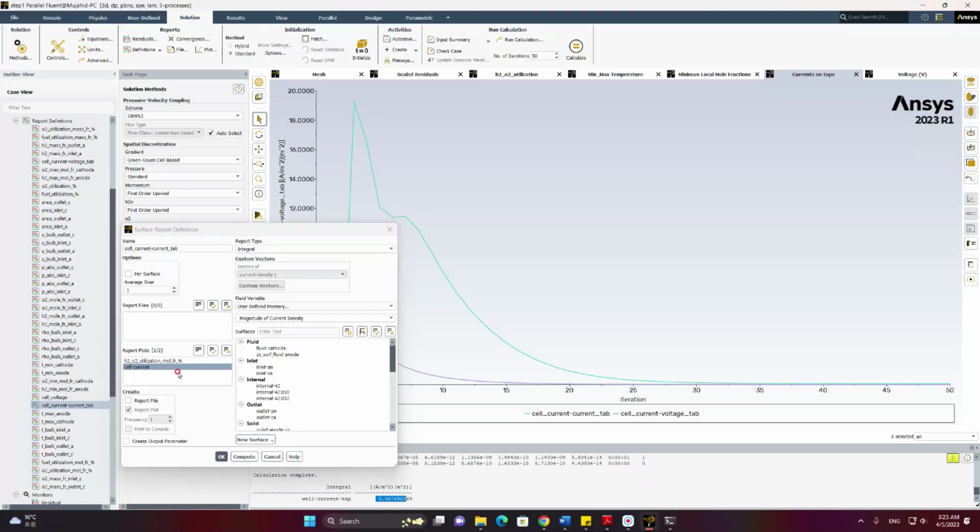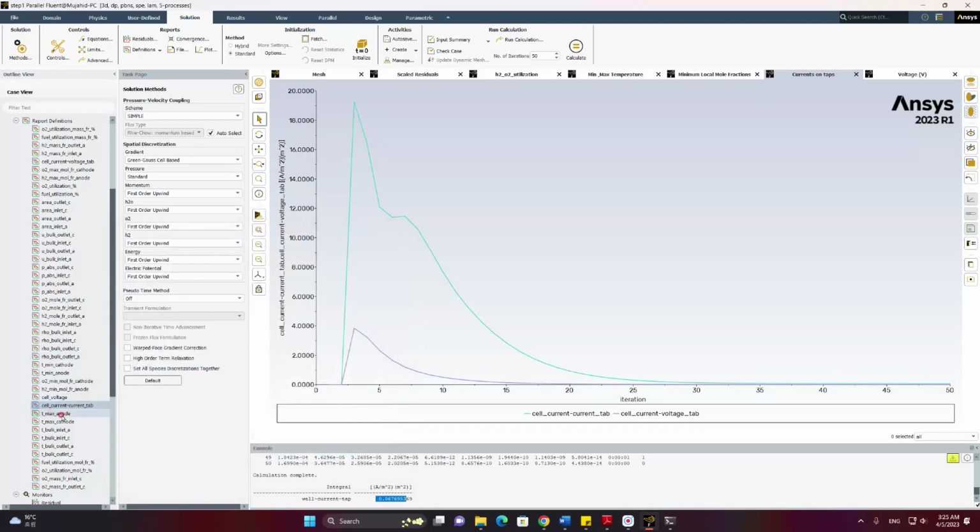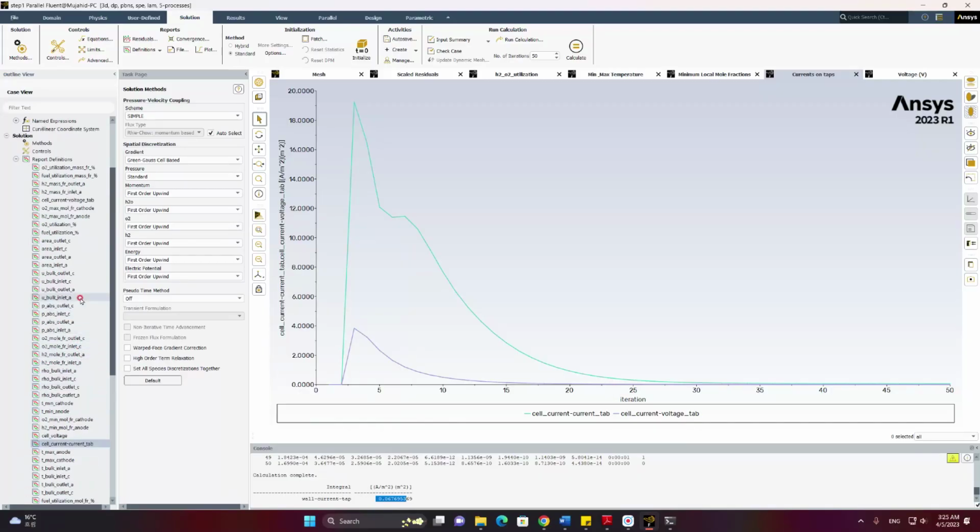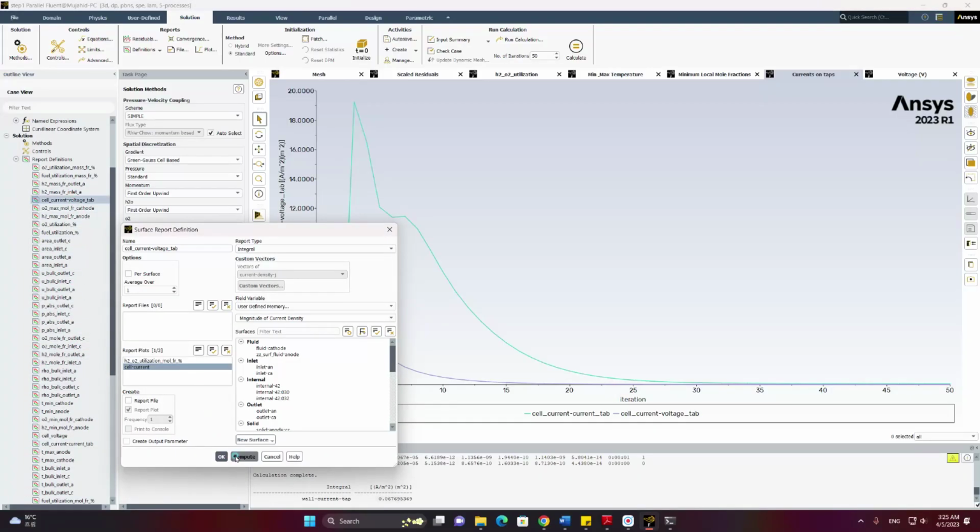This is on the cell current. This is the current tab. Now if you go to the voltage tab and compute it, now you see at the voltage tab we get the correct amount of voltage that we required. So this is the voltage tab current that we should get.